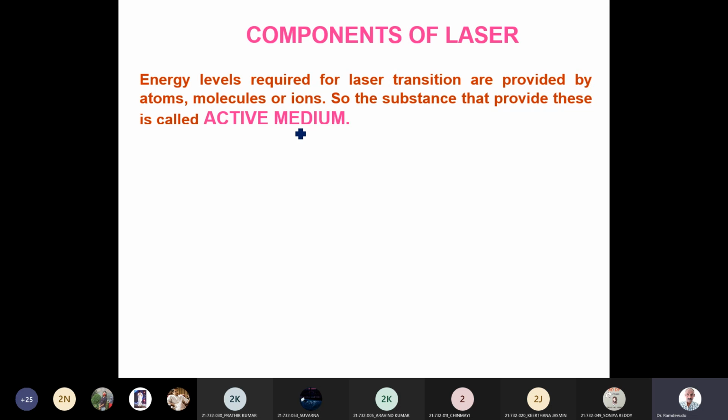So the active medium is the first component of a laser.